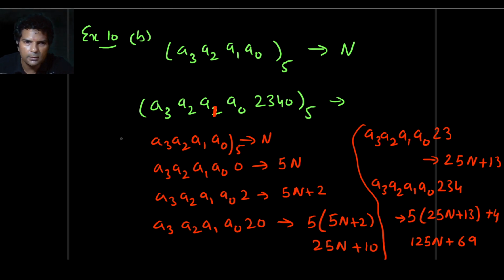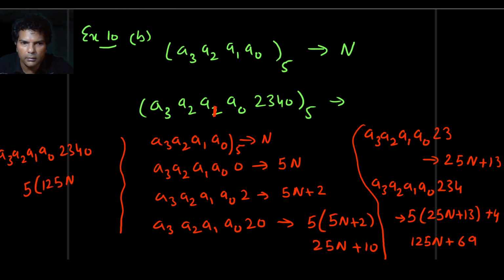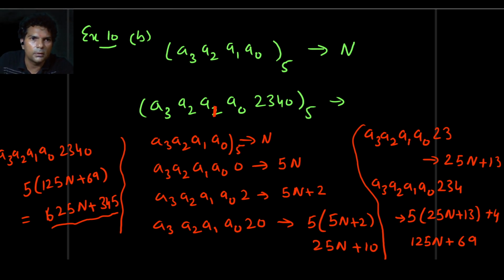And at the last, A3, A2, A1, A0, 2, 3, 4, 0 is 5 times 125N plus 69. So that is 625N plus 345. So this is the final representation, and the answer is 625N plus 345.